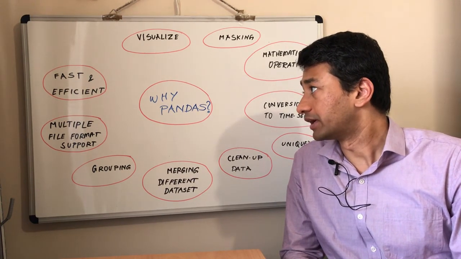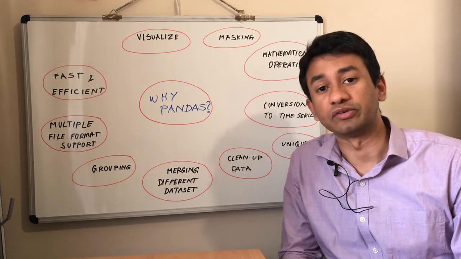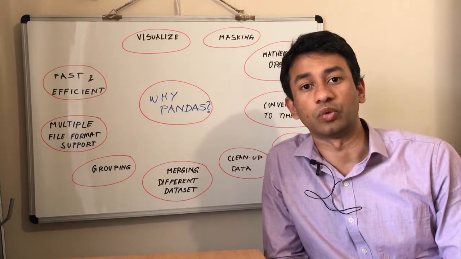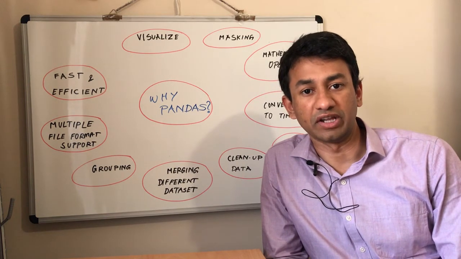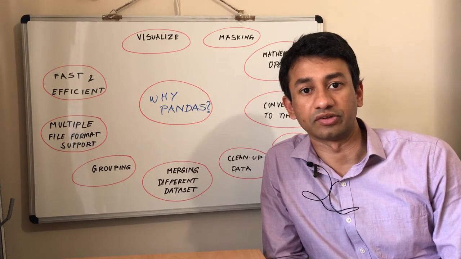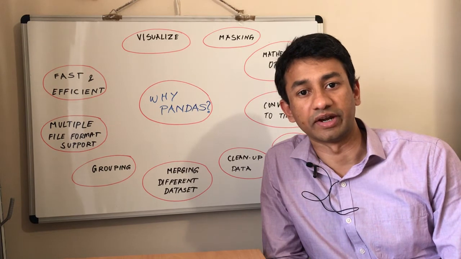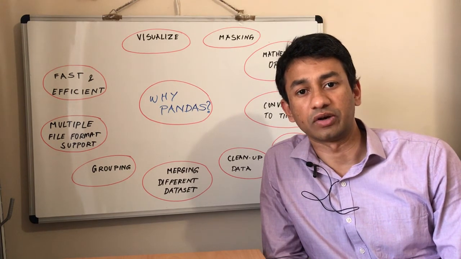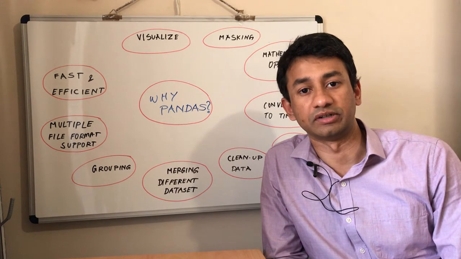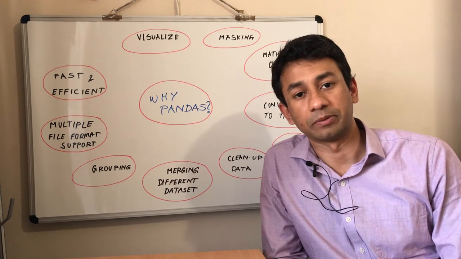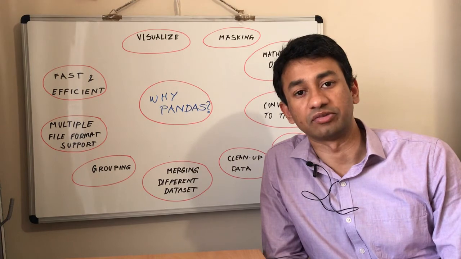It supports multiple file formats and so on. So these are all the reasons why we are going to use Pandas library, and for reading the file and doing various operations, and even for doing the data exploration. Okay, so now let's get into the tutorial and then see how to create a data frame using Pandas library and how to start various basic operations.